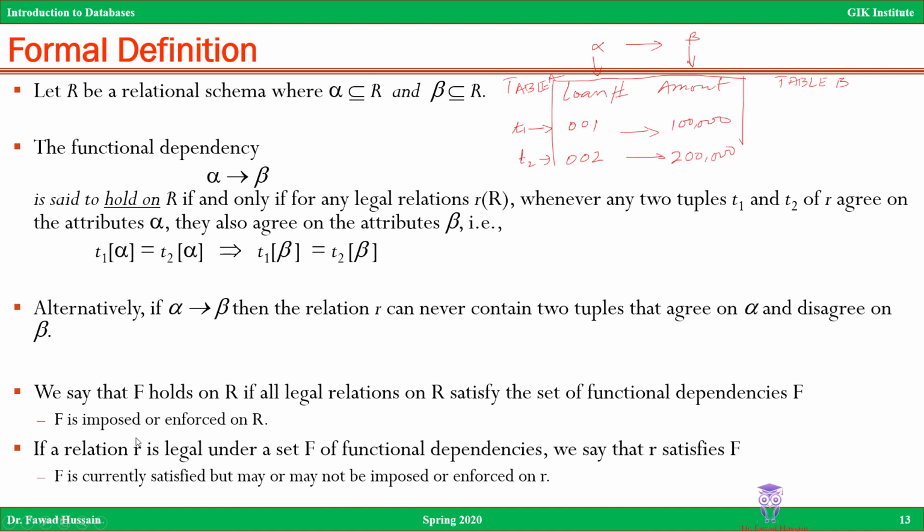There's also a case where we say that if a relation R is legal under F of functional dependencies, we say that R satisfies F. And this may be true for the data, but it may or may not be true for all the cases. For instance, if I say that this is my first name and last name, so I have first name and last name, and my first name is this and this, and then I have another entry here.